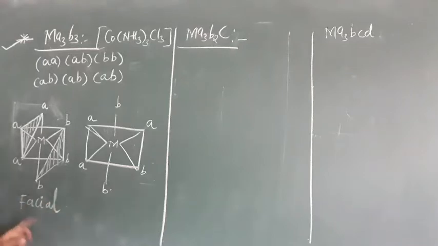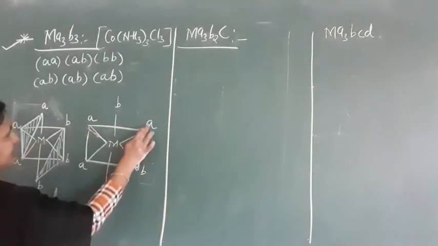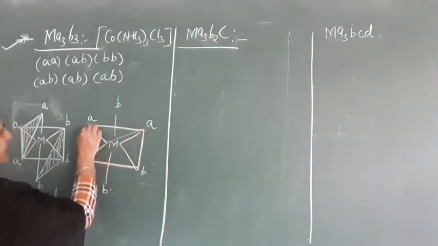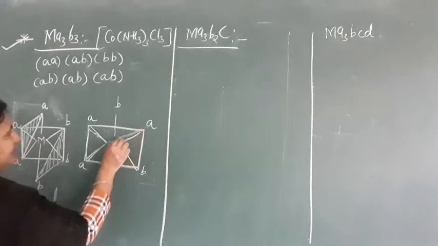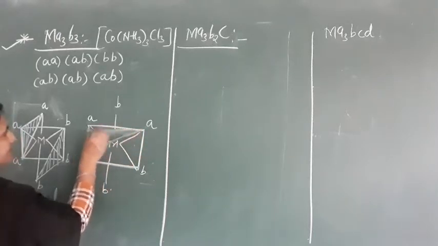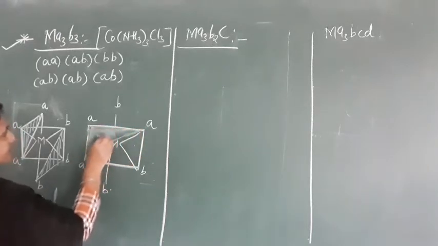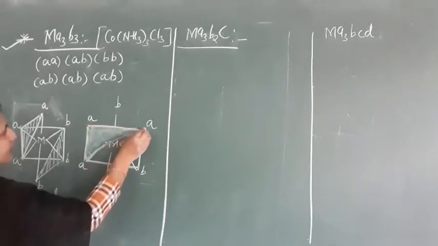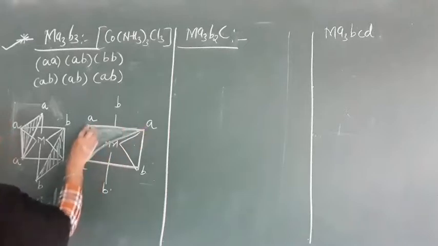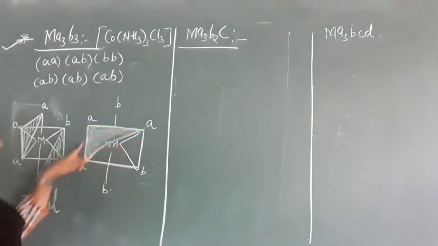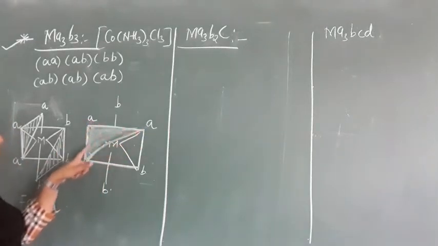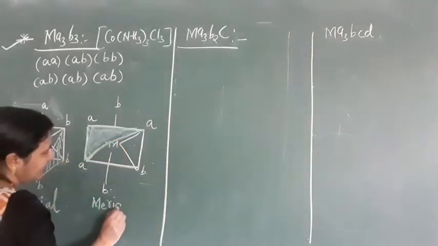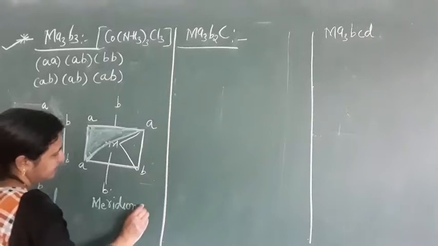In this other case, if you join the 3A, they are in the same plane, in the square planar arrangement. So it is called mer form, or meridional.